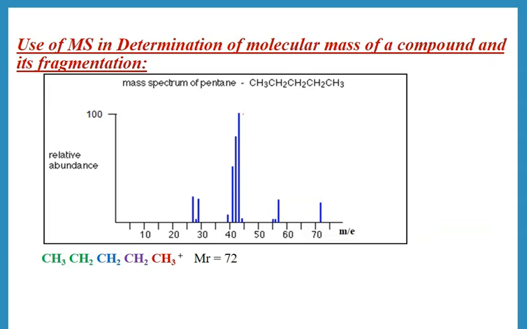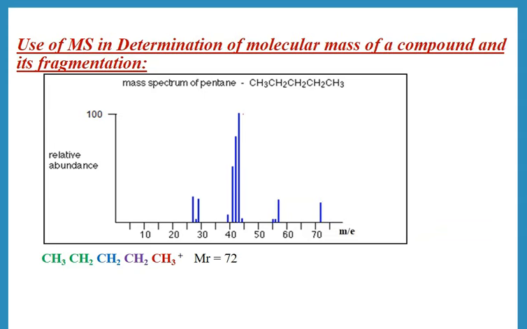Carbon is 12 from the periodic table. Hydrogen is 1. I have 5 carbons and 12 hydrogens. Add them all together. 12 times 5 plus 1 times, what did we say? 12. That is a total of 72. The molecular mass is 72.